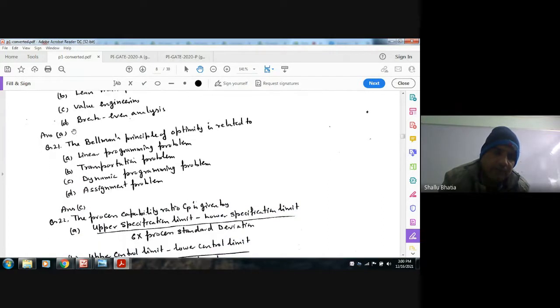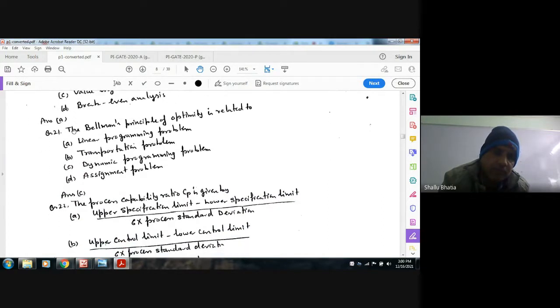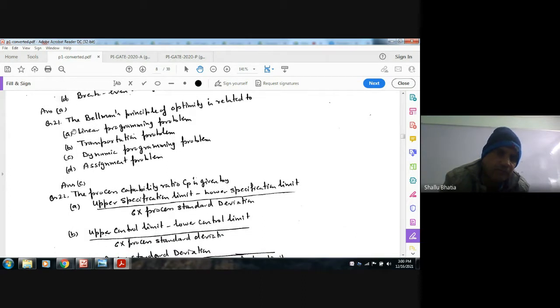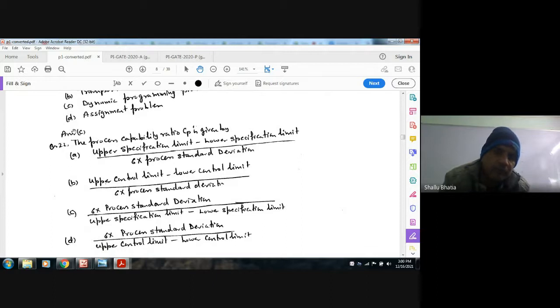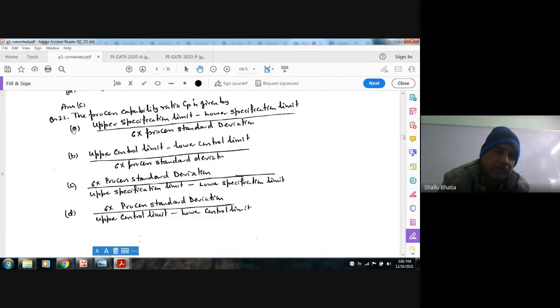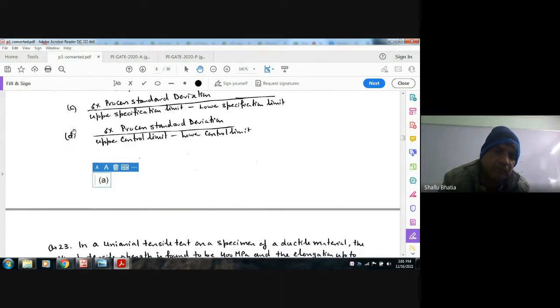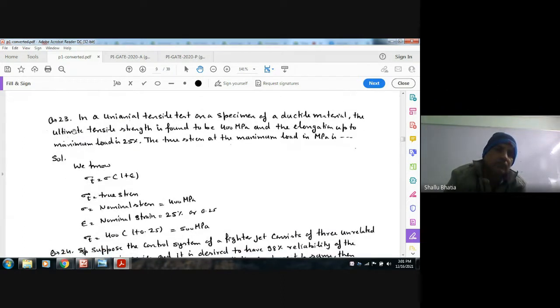Bellman's principle of optimality is related to option C, that is the transportation problem. Next, the process capability ratio Cp is given by option A, upper specification limit minus lower specification limit divided by 6 times the process standard deviation. That is the formula that we have to learn. Next.